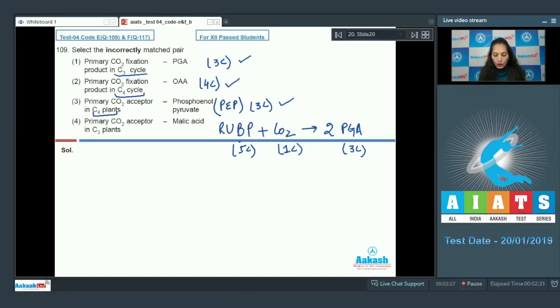So this RuBP is the primary acceptor which accepts the CO2 and forms the PGA. So this is not malic acid. So the correct option for the given question is option number 4. Let's move on to the next question.